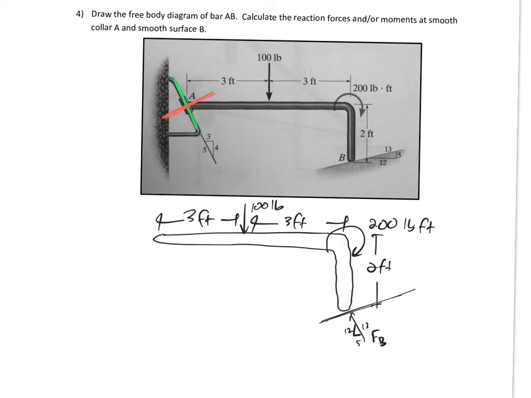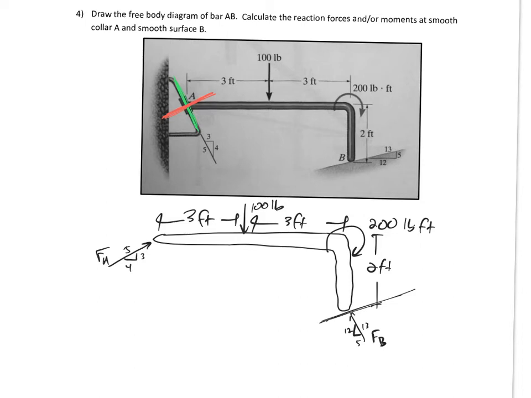So I have a force that is perpendicular. So I'm going to call this force A, and again, it's perpendicular to that rod, that 3, 4, 5. So this would be 4, 3, 5.